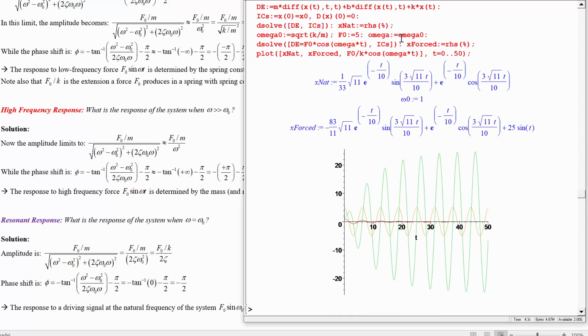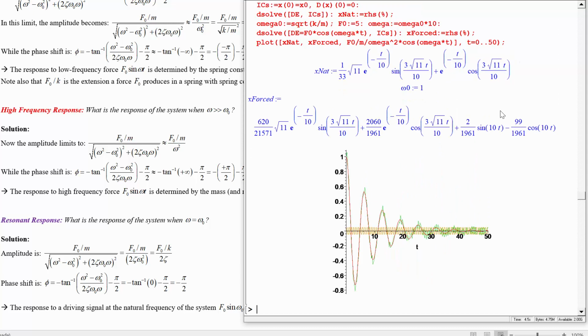Can we explore that? Well, let's have a look here. So we'll go back to the high frequency one, maybe 10 times, and let's plot, instead of f naught over k, let's plot f naught over m over omega squared. Now we should have these kind of on the same scale. Okay, so let's limit our time. We can plot this starting at 40 when it's more or less stabilized.